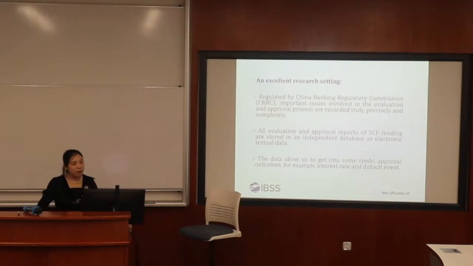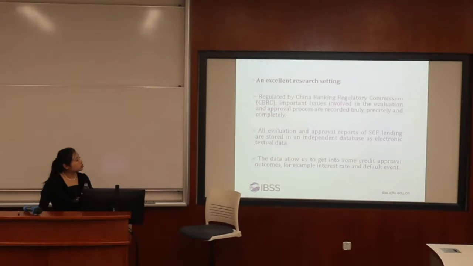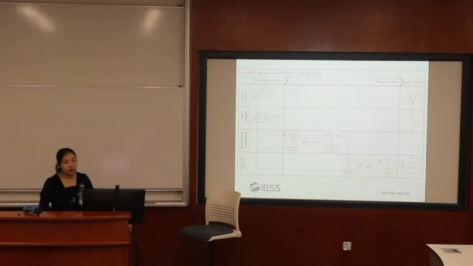So it can enable us to do text mining. And all these data allow us to get some critical approval outcomes, for example, interest rates and default events. Moreover, all these data cover 10 years, so it's not cross-sectional data. Then it's easy for us to do this research.